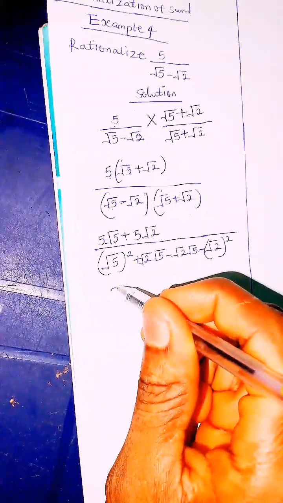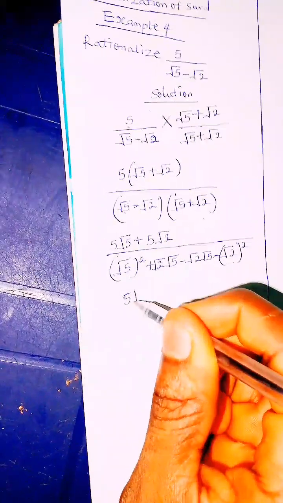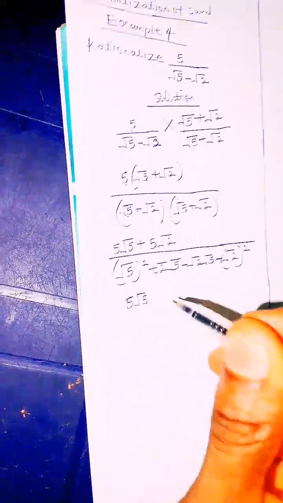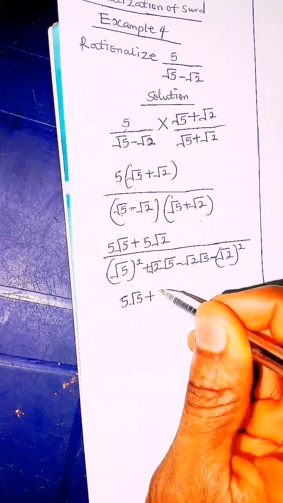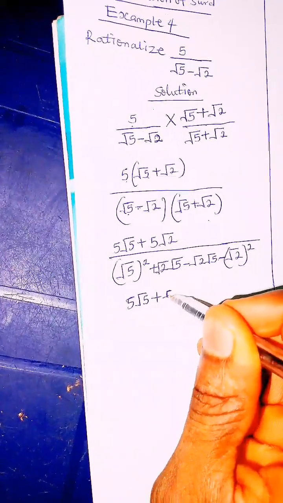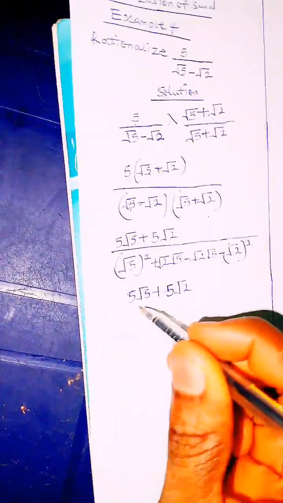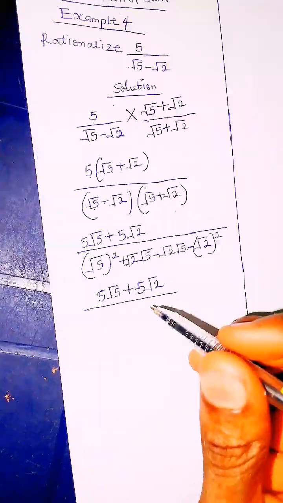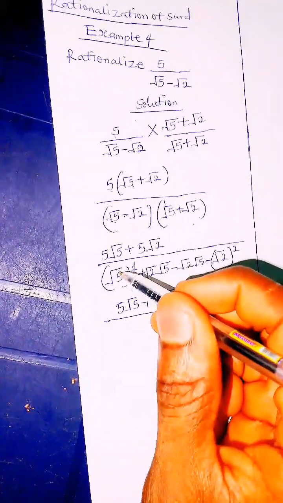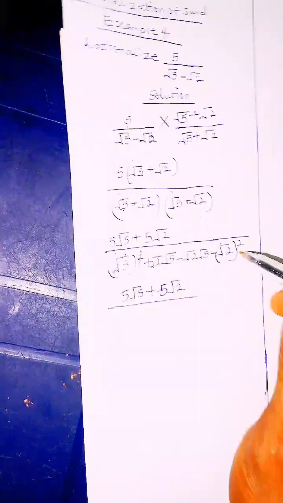This we have 5 root 5 plus 5 root 2 over here. This square cancels the square root sign.